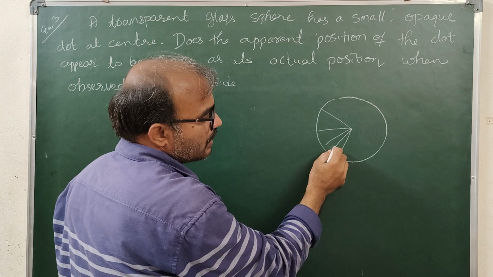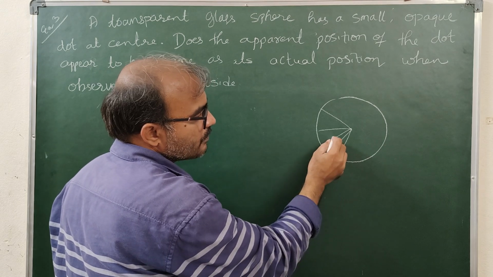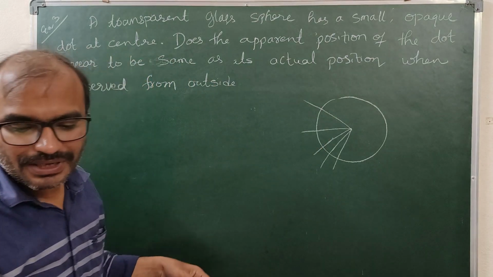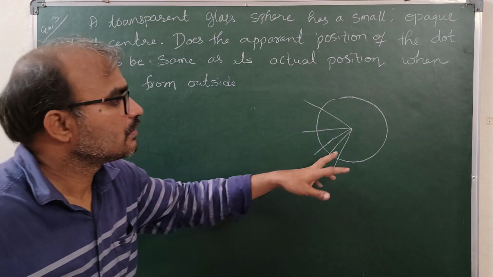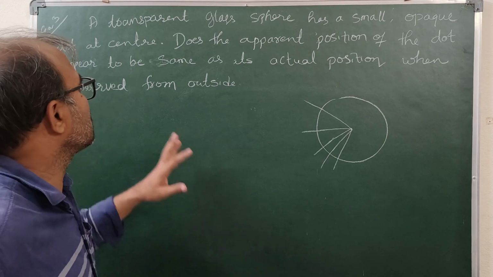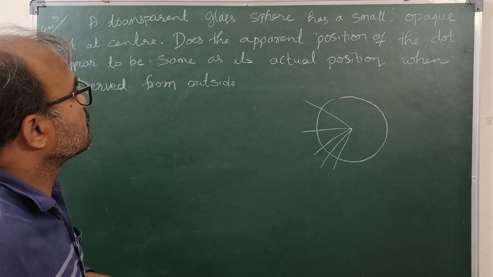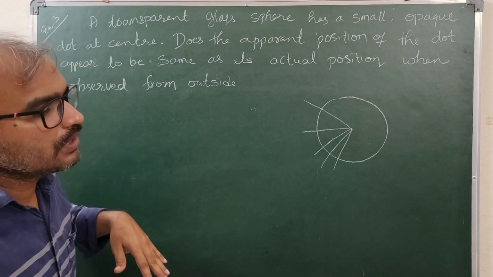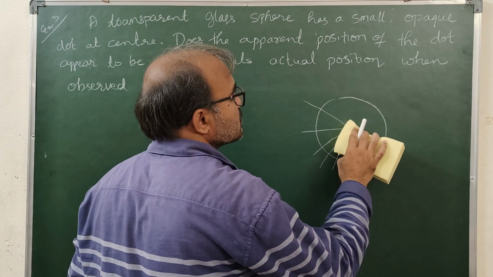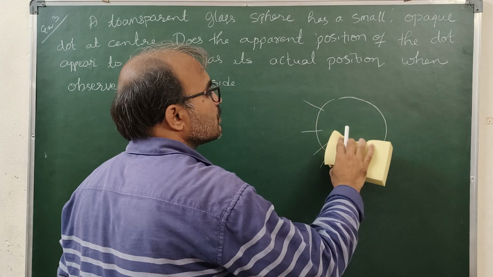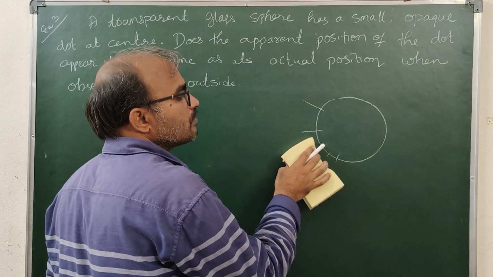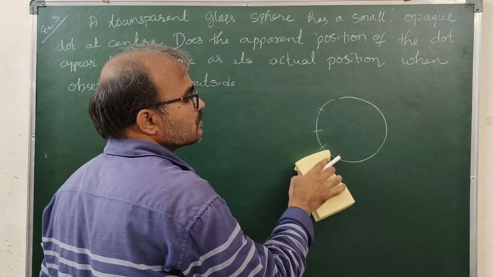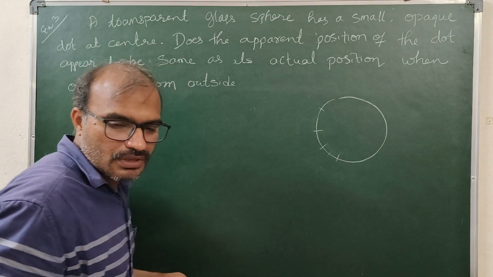So when light rays come out of this sphere, they won't deviate. As they won't deviate, the apparent position of the dot will be the same as that of the object, right? The image will also be at the same place, but we have to show that mathematically by using a formula, not like this, right? So let's consider.